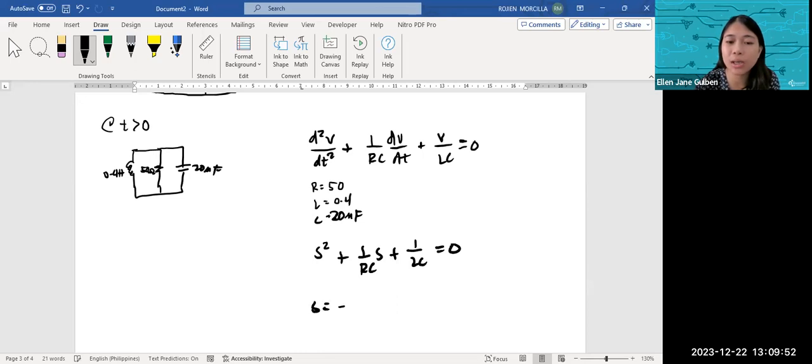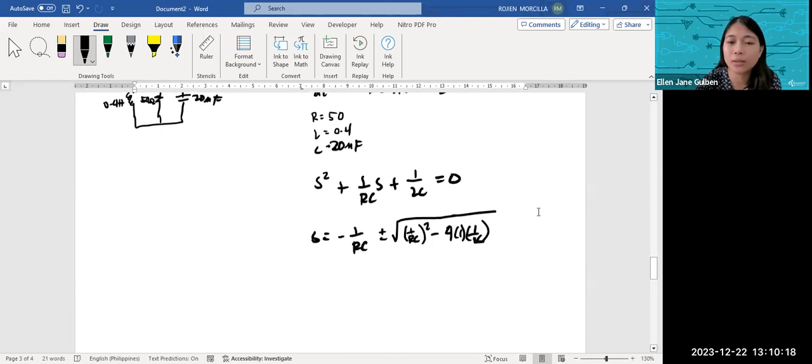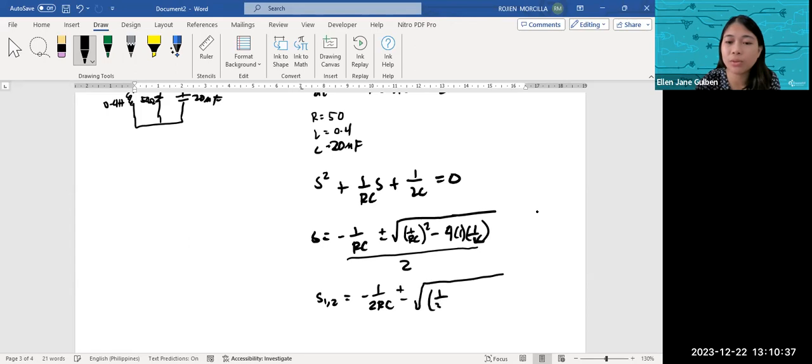S is equal to negative 1 over RC plus minus square root of 1 over RC squared minus 4 times 1 times 1 over LC, over 2.